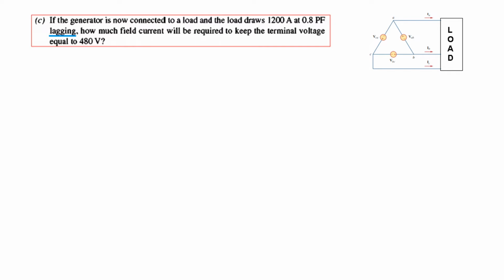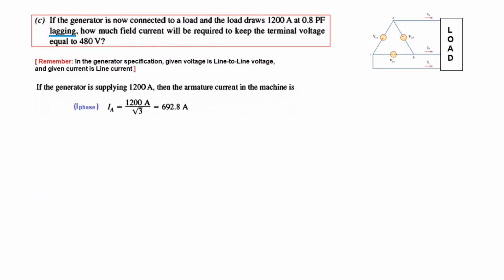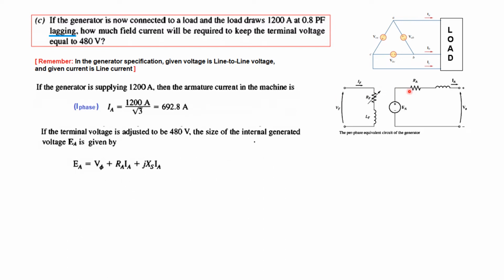We have to keep that in mind. For that, first of all, we'll calculate the phase current. This is the line current. We divide by root 3 to get the phase current, which will be 692.8 ampere.